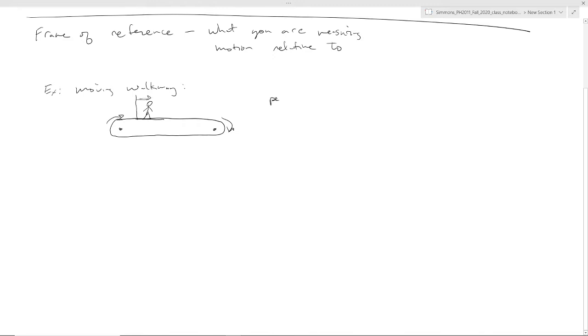And so the person standing on the moving walkway, standing on the belt, is stationary relative to a frame of reference on the belt.